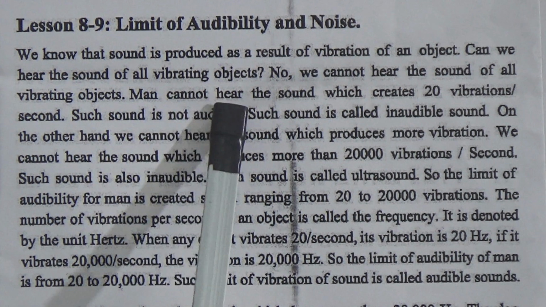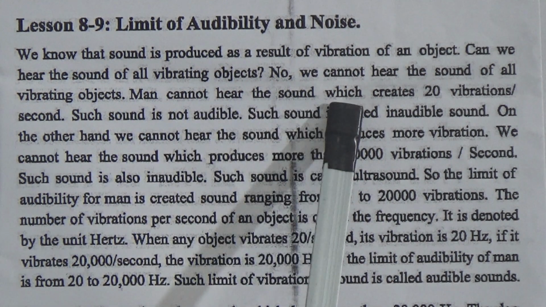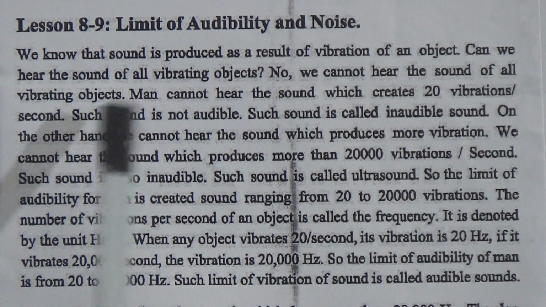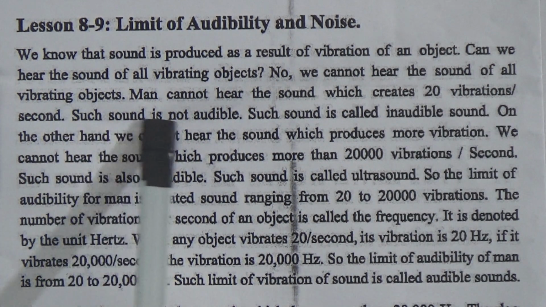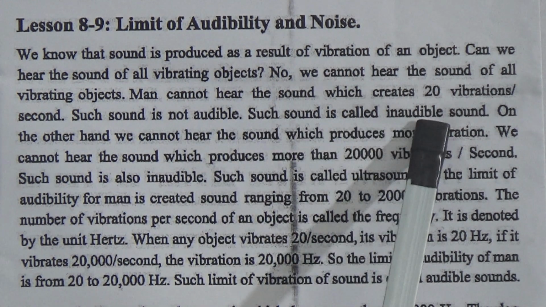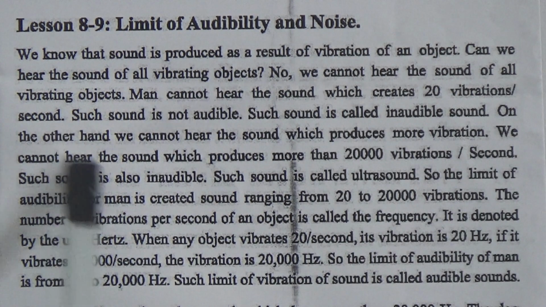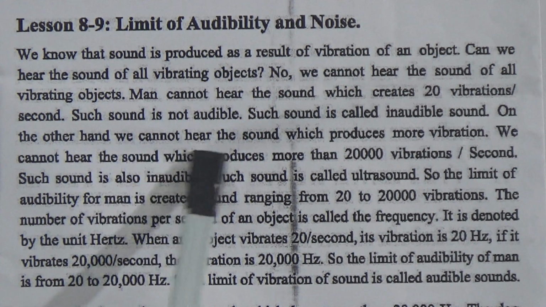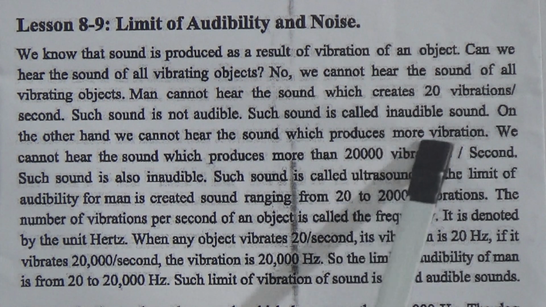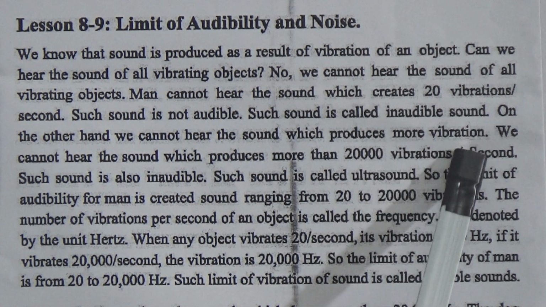Man cannot hear the sound which creates fewer than 20 vibrations per second. Such sound is not audible. Such sound is called inaudible sound. On the other hand, we cannot hear the sound which produces more vibrations.